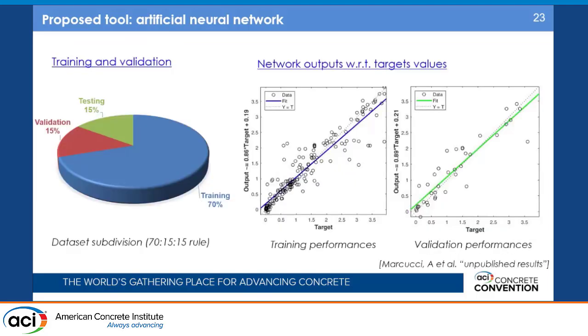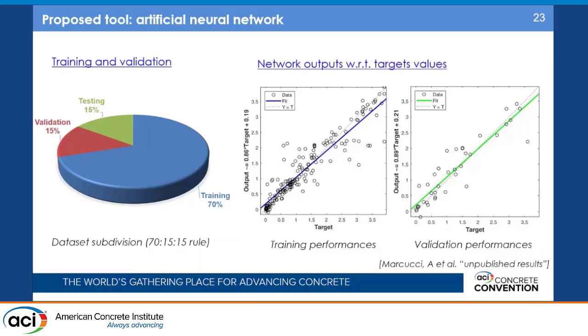So you can see here that we have a certain number of, for example, mix designs, which are taken from the literature, and for which we know the associated yield stress, for example, from experimental tests. So we divide it in 3 sets, the training set, the testing set, and the validation set.